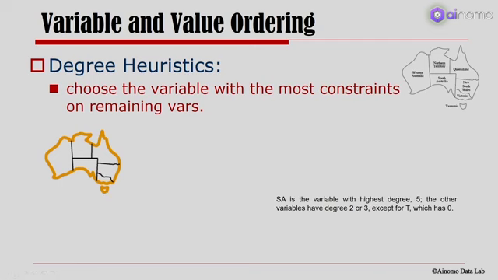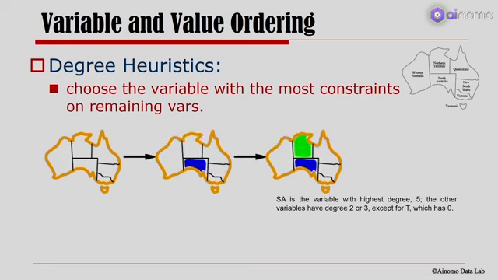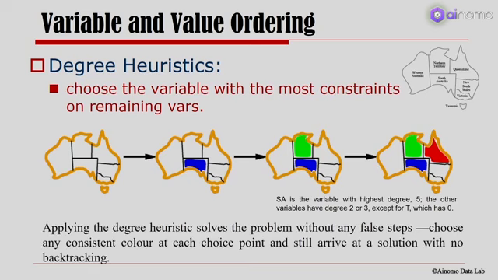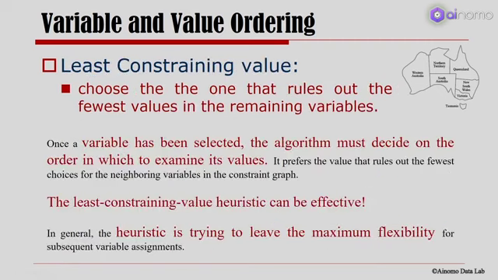So we choose the variable with the most constraints on the remaining variables, that is, we first choose SA, and thereafter we choose NT, and so on and so forth. Applying the degree heuristic actually solves the problem without any false step. If we keep on choosing the consistent color at each choice point, we can still arrive at a solution with no backtracking. These two heuristics that we have discussed are actually looking at which variable to select.